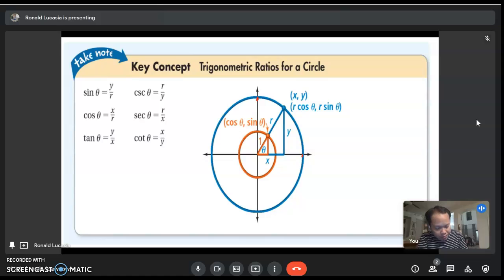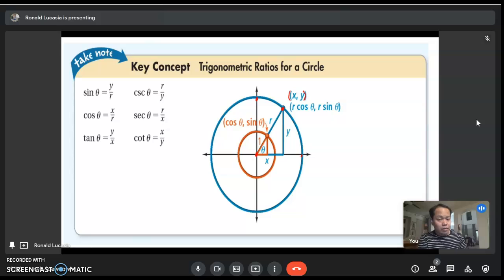So this is our coordinate as x and y. The distance from this point to the point of origin will be represented by r or radius. So if that is the case, sine theta will be y over r.